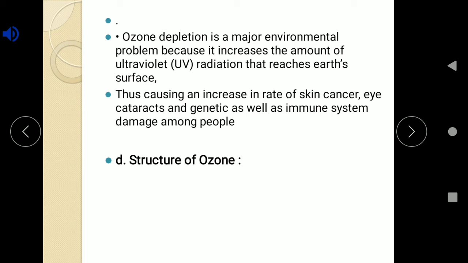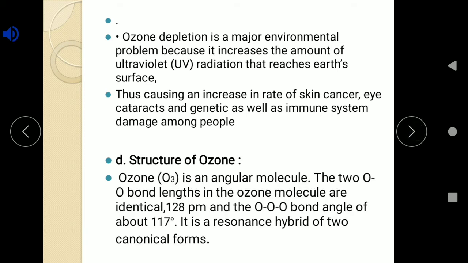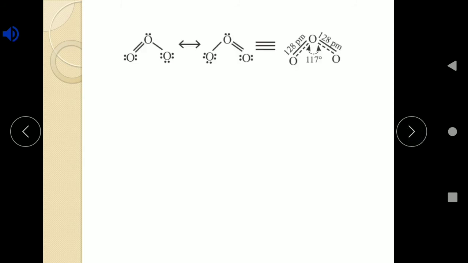Next, we are going to see the structure of ozone. Ozone is an angular molecule, and the structure of ozone is like this. It is an angular molecule with an angle of 117 degrees, and the bond length between two oxygen atoms is 128 picometer. This is the hybrid form of ozone.